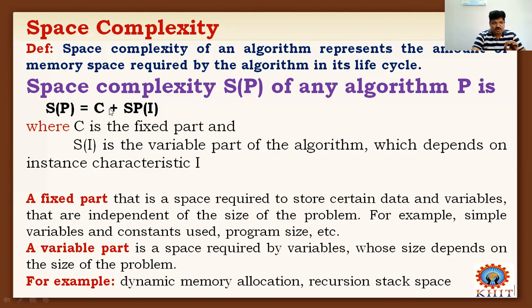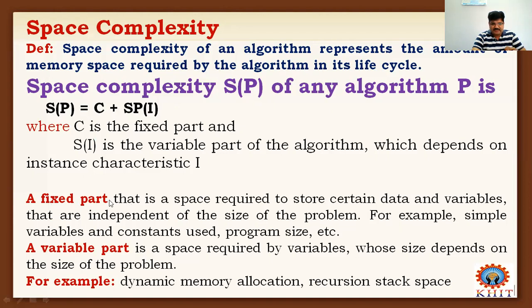S of P equal to C plus S of P, where S of P stands for space complexity of the given program or algorithm, equal to constant length, fixed part of length, plus variable part of length. Total will be, you will get one result. That result will be considered as the space complexity of an algorithm.